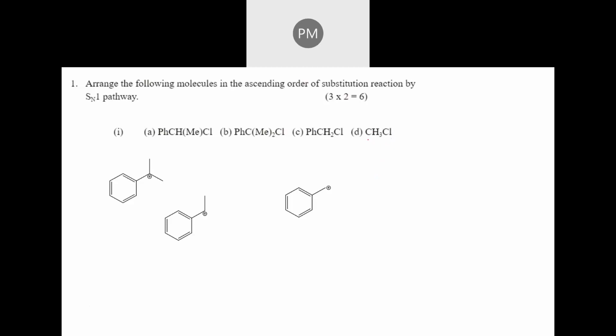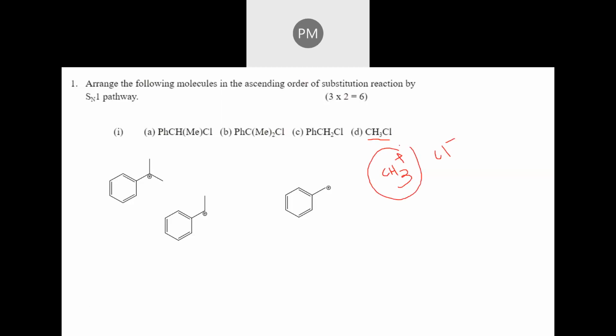For example, with CH3Cl, in the SN1 reaction first the Cl minus is liberated from the molecule, forming CH3 plus and Cl minus.